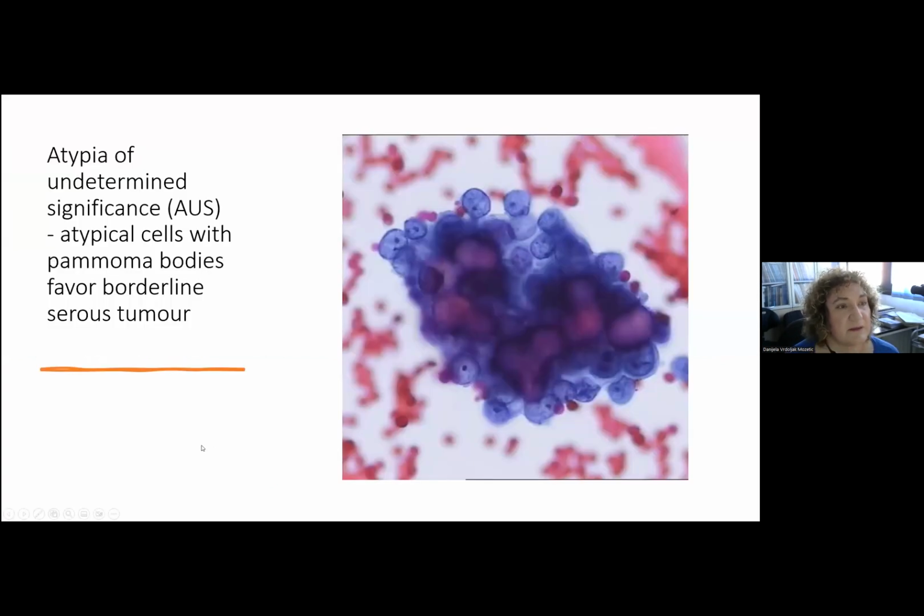Also, when we see similar cells with psammoma bodies, but the nuclei are not so polymorphic, they are regular with smooth chromatin, with small nuclei, we can also report it as atypia of undetermined significance, favor borderline serous tumor. So this is how it can look when you have a borderline serous tumor.